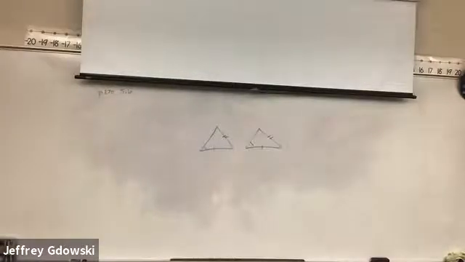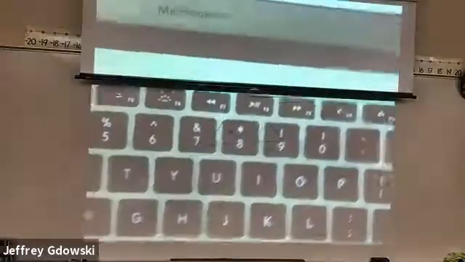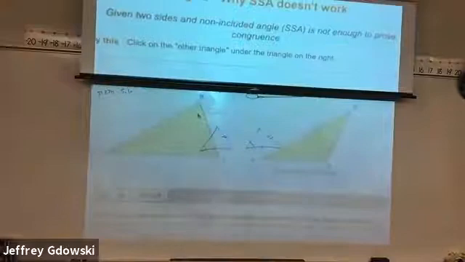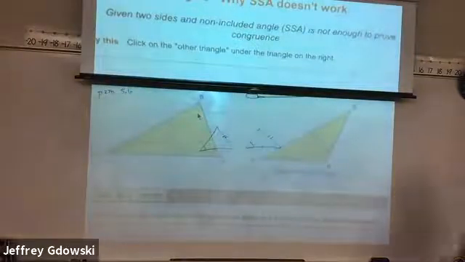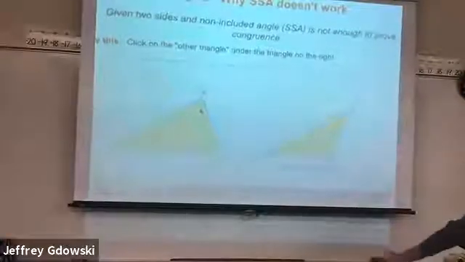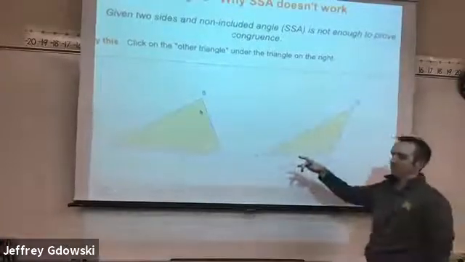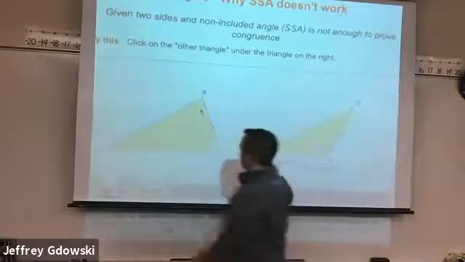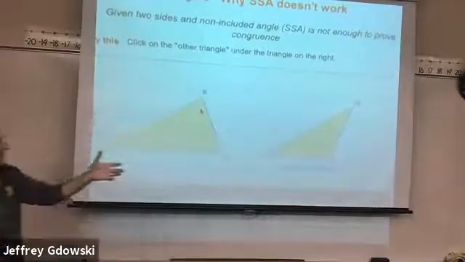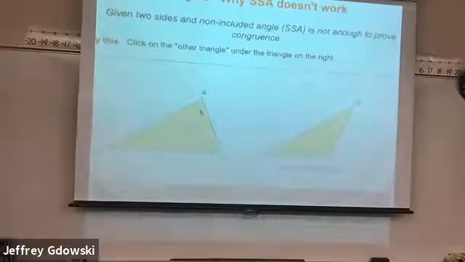All right, so we're gonna take a look at why this doesn't work. So here's our two triangles. This is why it doesn't work, because you could have two triangles that have that same angle and have those same two congruent sides, but those are obviously not congruent triangles.